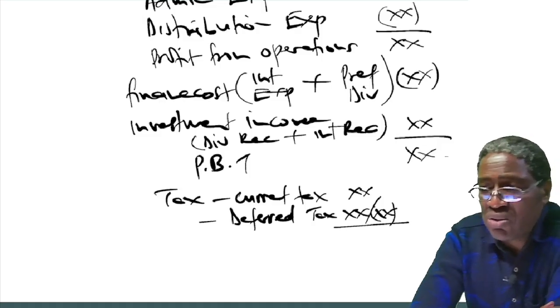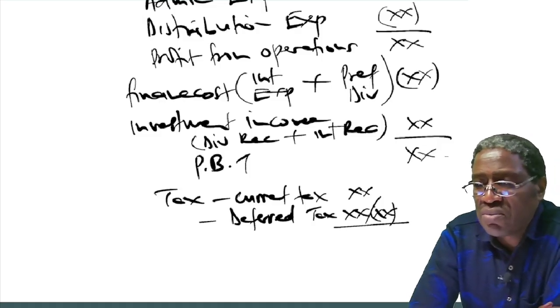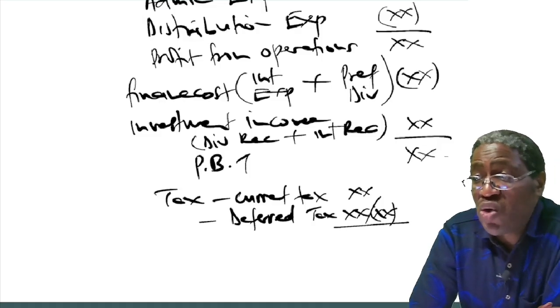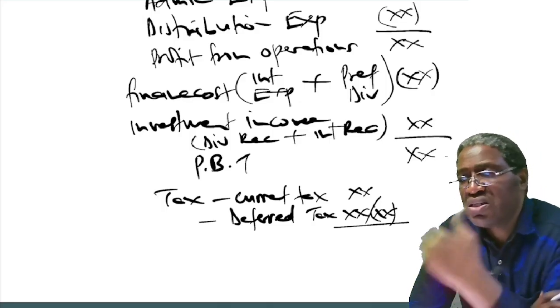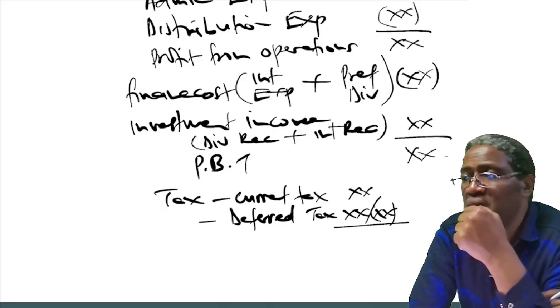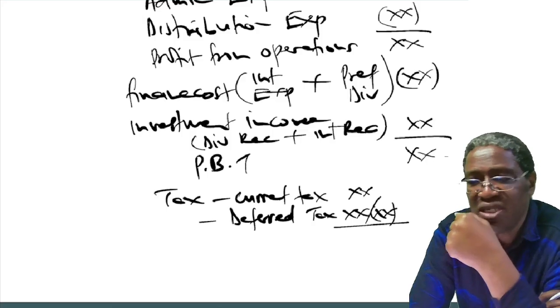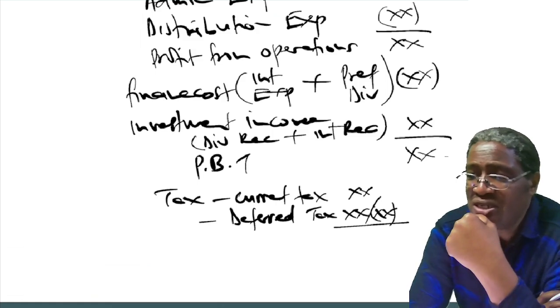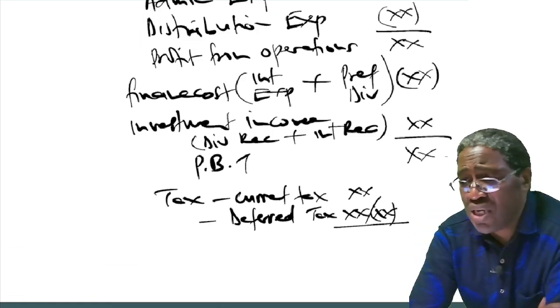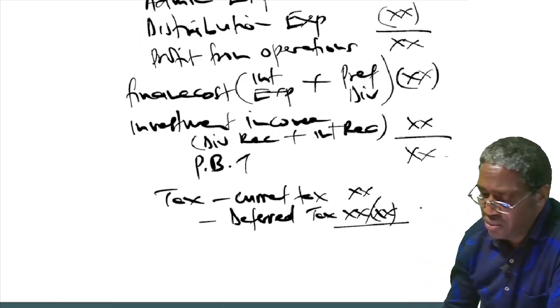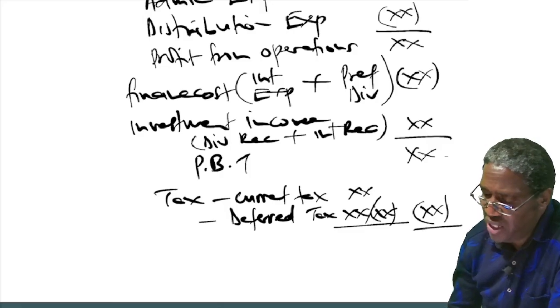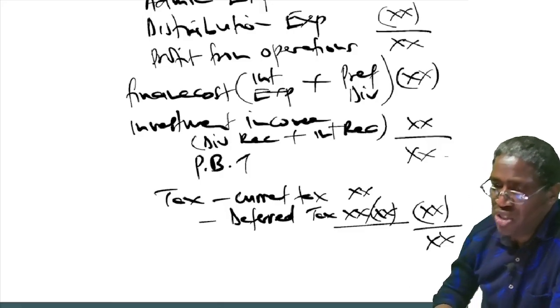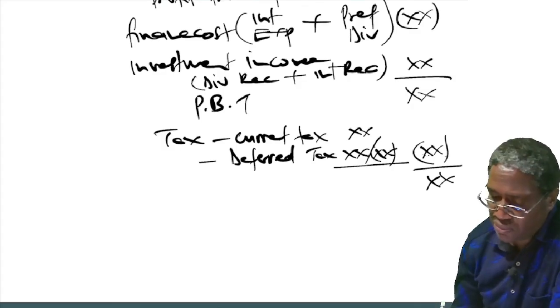We shall talk about that later. How to determine whether to add or subtract the deferred tax is something we have not talked about. We shall talk about it later. Once you adjust the deferred tax to the current tax, get the net. You minus, and you call it profit after tax.